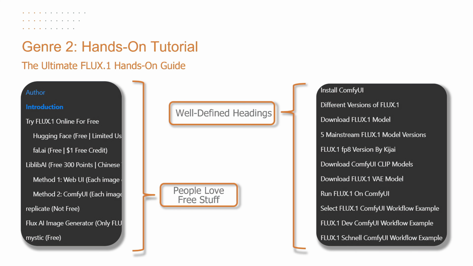This makes it easy for readers to follow the overall process and quickly find the part they need, whether it's installing Comfy UI, downloading components, or running the model. Clear headings also help search engines pick up your articles, which means more traffic for you.